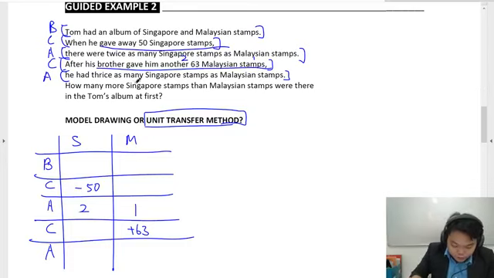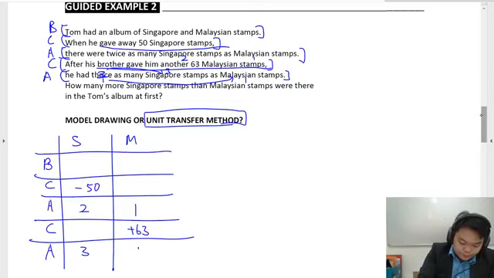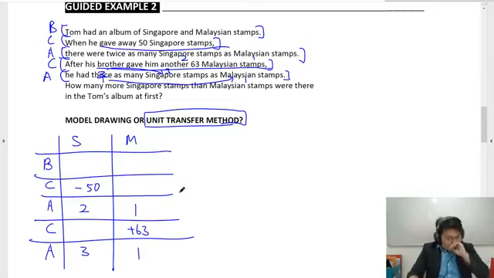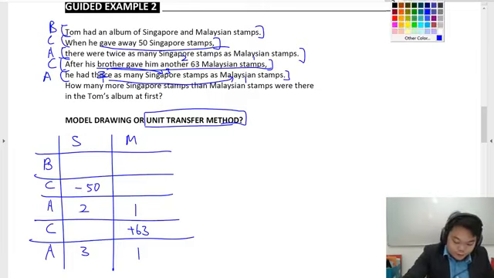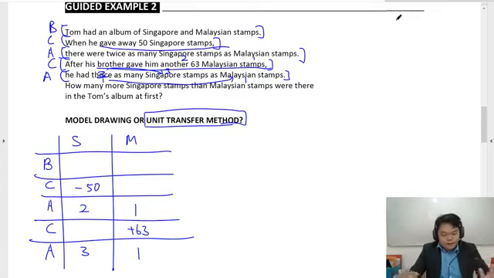And now he has thrice as many Singapore stamps as Malaysian stamps. So change this to 3 out of 1. 3 goes to Singapore, 1 goes to Malaysian stamps. So up to here, we haven't really done anything heavy yet. We were just interpreting the problem.